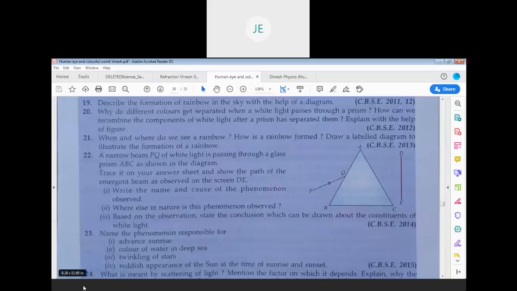Okay, fine. So I'm just showing one video which I have tried in my home. Please see that. In the presence of sunlight, we are keeping a mirror in the water. Can you see my screen?